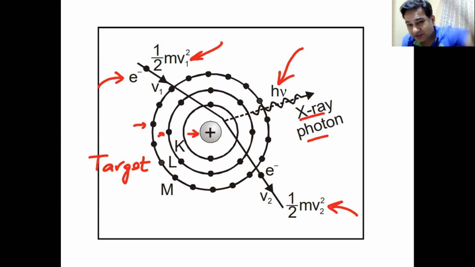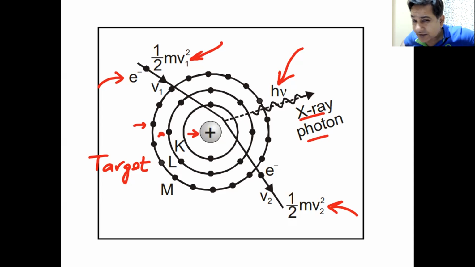X-rays produced in this fashion will have all wavelengths which are possible, because this radiation can have any possible wavelength. And therefore, since you get a continuous range, you get X-rays of all wavelengths.